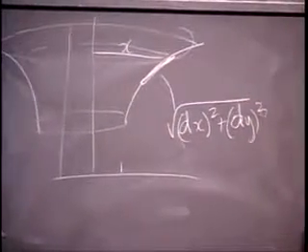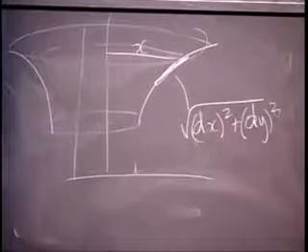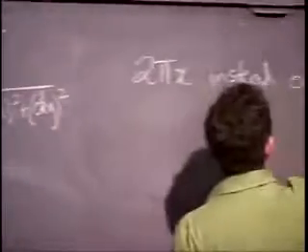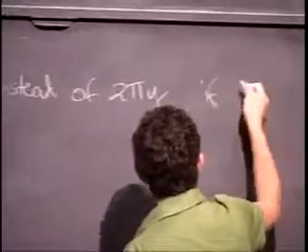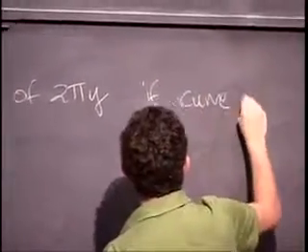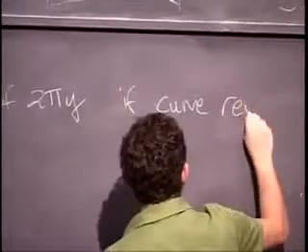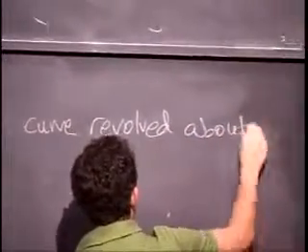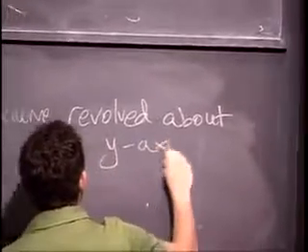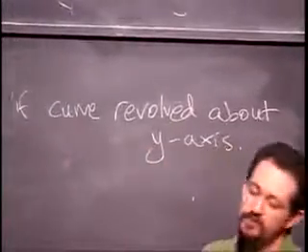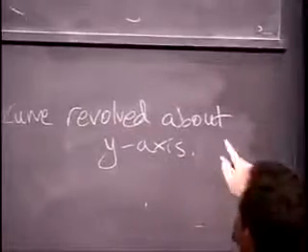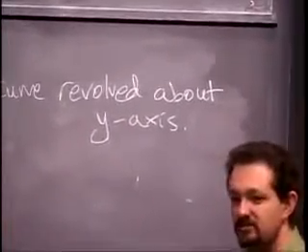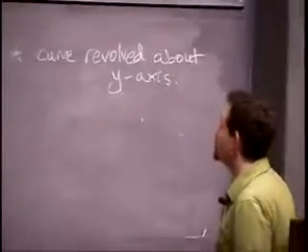So you need a 2 pi x factor instead of 2 pi y if the curve is revolved about the y-axis. So it's sort of a switch x and y, but it's really just take the arc length formula and stick in the 2 pi x instead of the 2 pi y. So that's sort of variation 1 in a way.